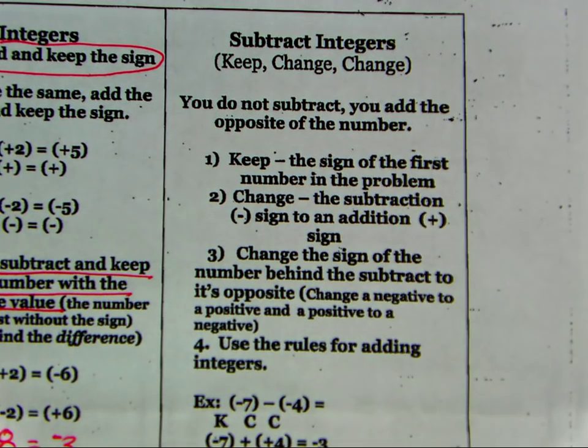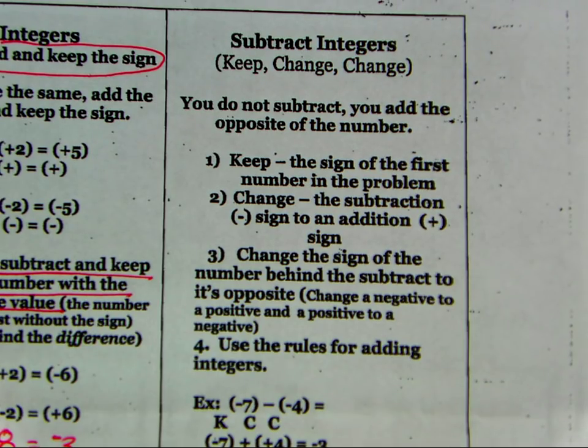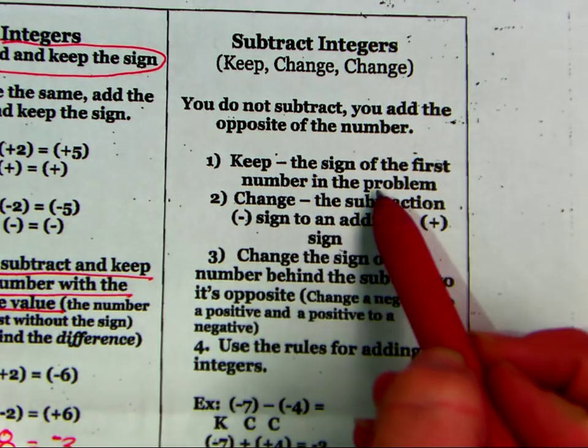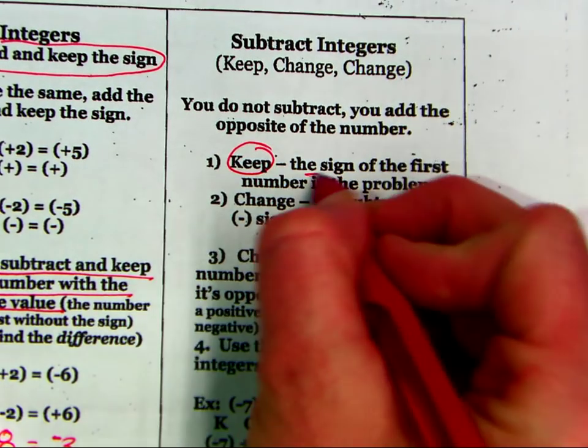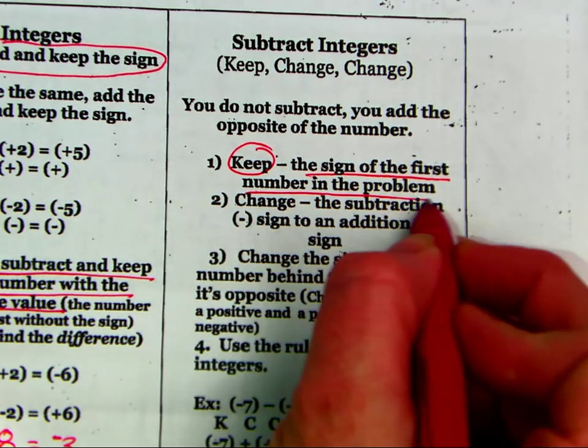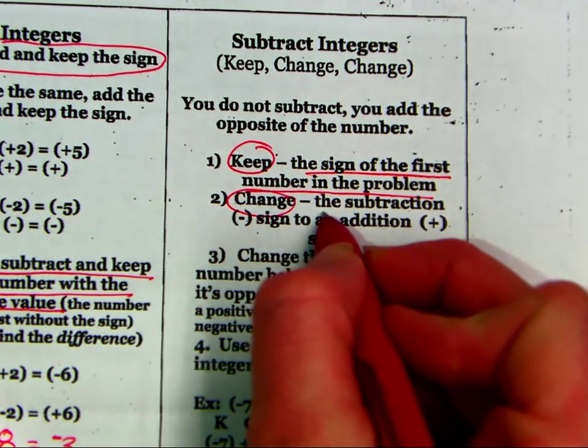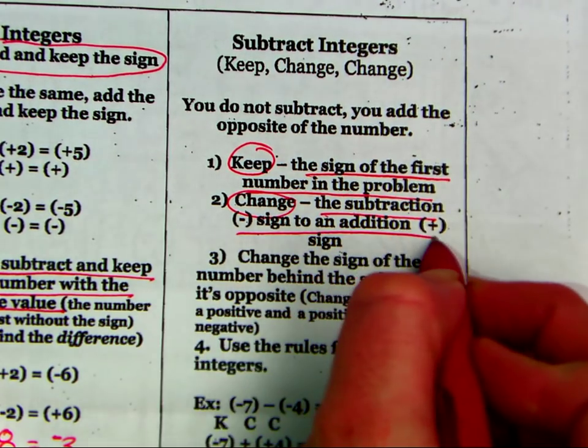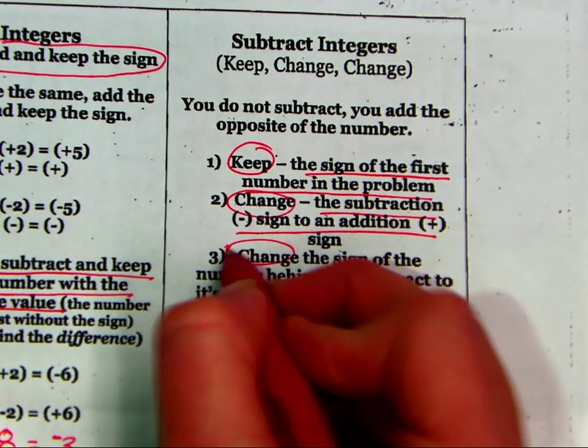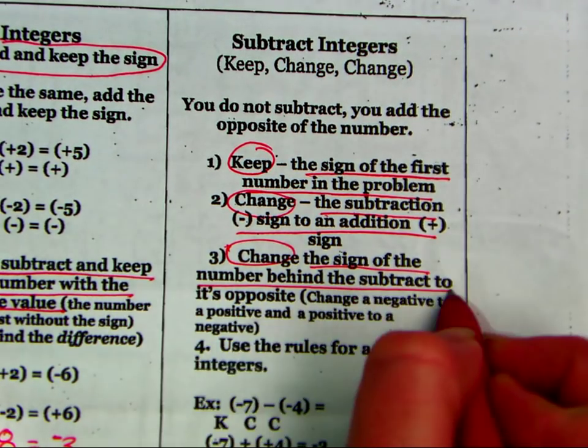When it says subtract, you never actually subtract. It's kind of strange. You add the opposite of the number. So, you're going to keep the sign of the first number. You're going to change the subtraction sign to an addition sign. And then you're going to change the sign of the number behind the subtract to its opposite.